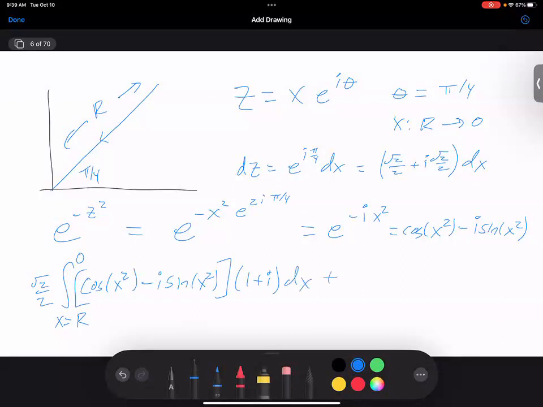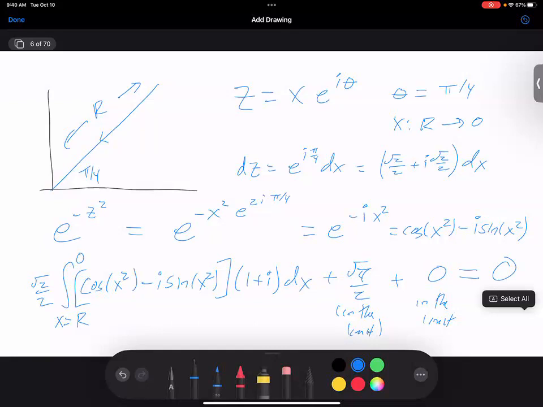Now, when we add that to the first piece, which was going to be root pi over 2 in the limit, and add it to the last piece, which is 0 in the limit, we get the integral over the closed contour. And what's the integral over the closed contour? It's got to be 0, because we don't have any poles. So we know that the integral of cosine x squared minus i sine x squared times 1 plus i dx, plus root pi over 2, is 0.